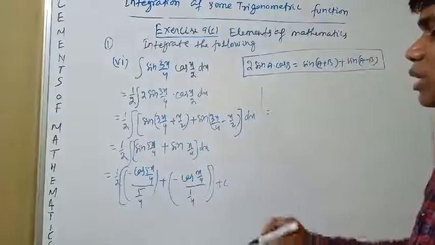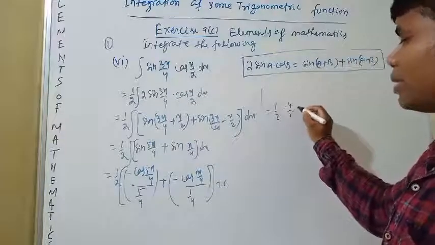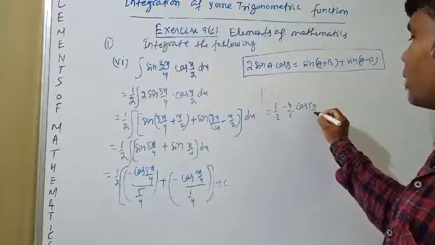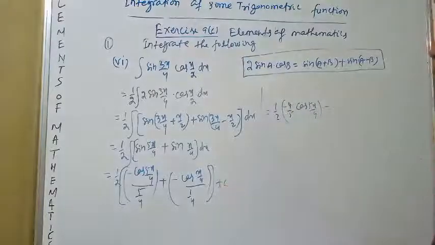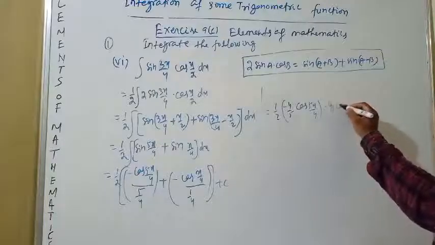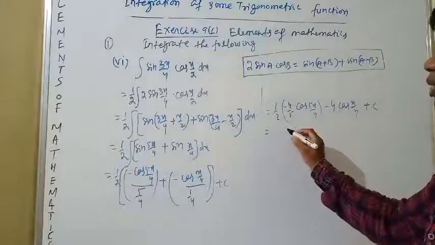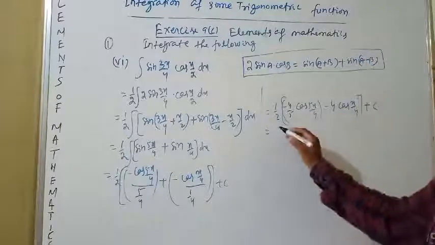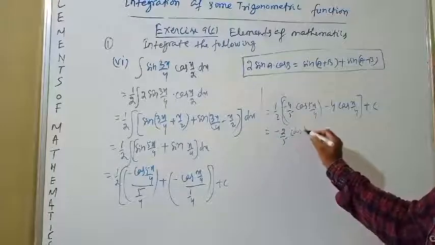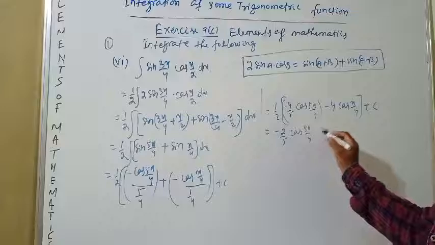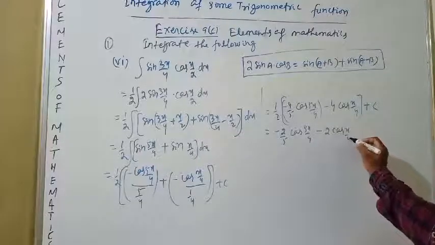That is half times minus 4 by 5 cos 5x by 4 minus 4 cos x by 4 plus c. Multiplying with half, we get minus 2 by 5 cos 5x by 4 minus 2 cos x by 4 plus c.